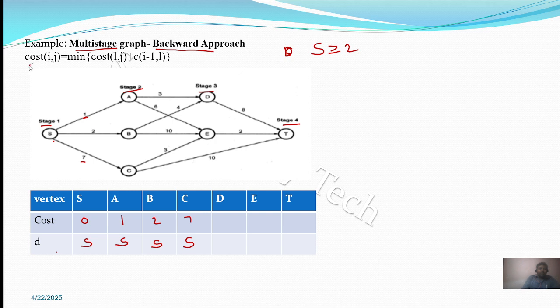Now you can apply the formula here. You can see the cost of (i, j), where i indicates the stage of the graph and j indicates the vertex. Here l belongs to V(i-1). So what is i? i is the stage number.